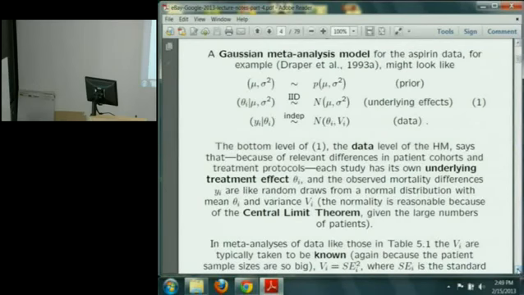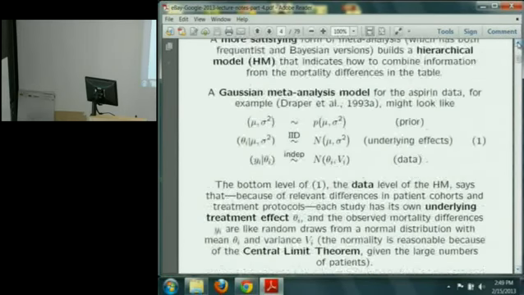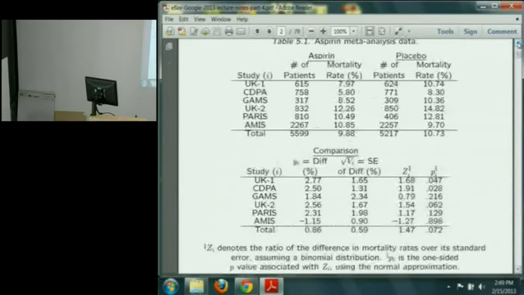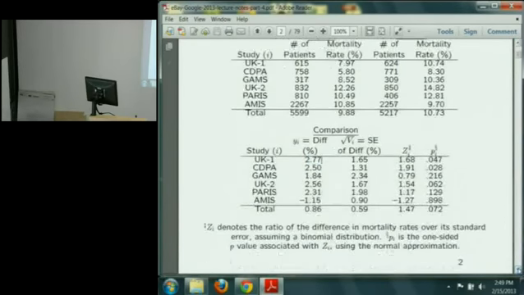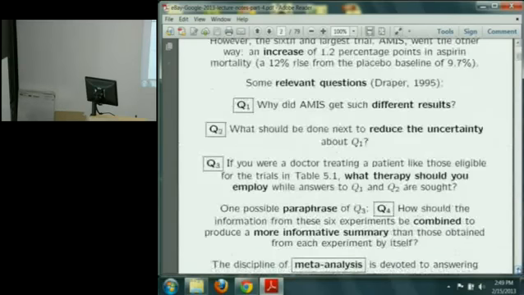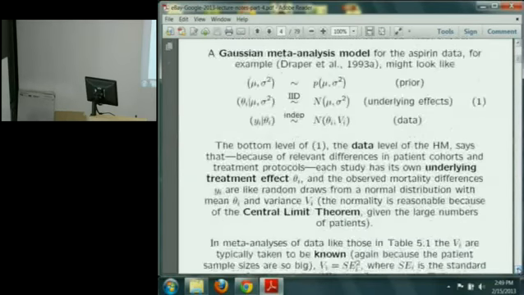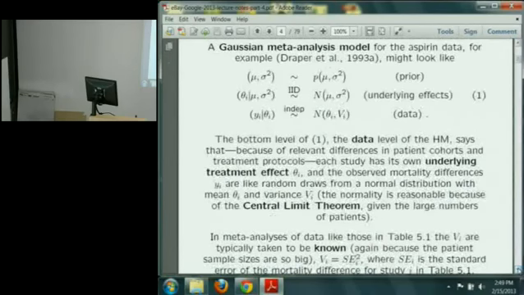Remember, y sub i is the observed difference, placebo minus aspirin, in the mortality rate in percentage point terms in study i. So now we're going to try to tell a story about how we think those data values would behave before we ever saw them. The bottom level of the data tries to do that thing that I've mentioned to you before.